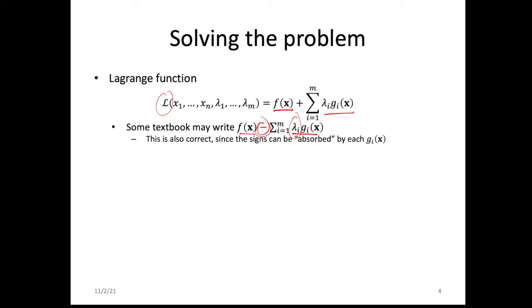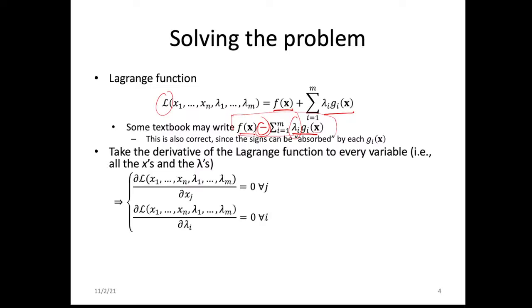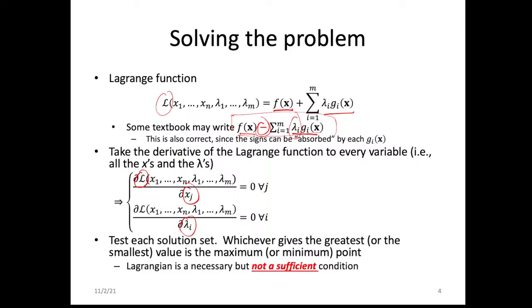If you see a Lagrangian function written like this, that doesn't matter. What you need to do next is take the partial derivative of your Lagrangian with respect to every xi and every lambda i, set them to 0, solve the equation, and then test all the solution sets, see which one gives you the maximum or minimum result, and that's your solution.